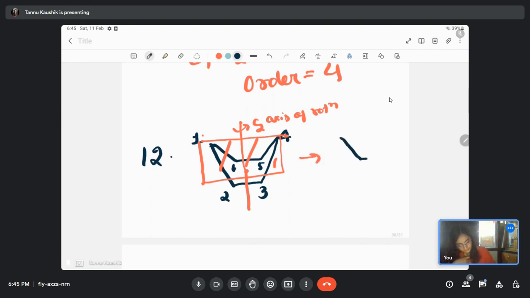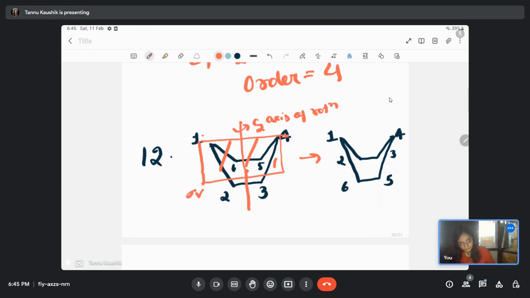So it will become like this: 1, 4, 3, fifth, second, sixth. Okay, so we have a sigma v plane.